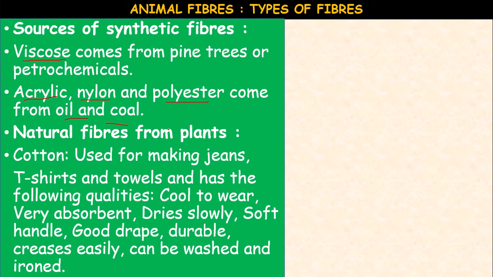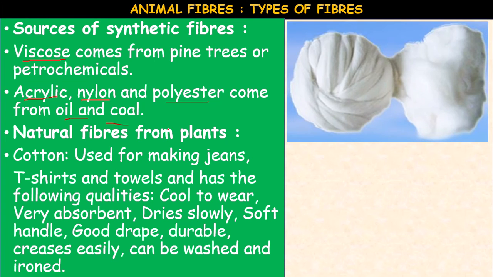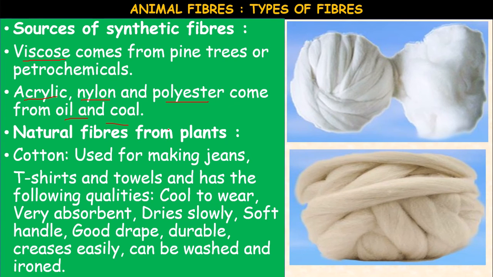It's cool to wear, very absorbent, dries slowly, soft handle, good drape, durable, creases easily, can be washed and ironed. Which one? Cotton cloths can be washed and ironed. Okay, this is the cotton yarn, cotton fiber.